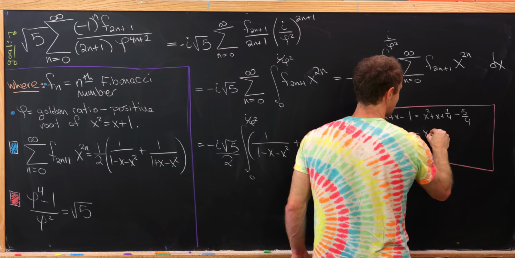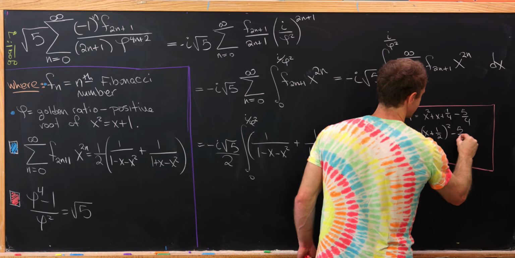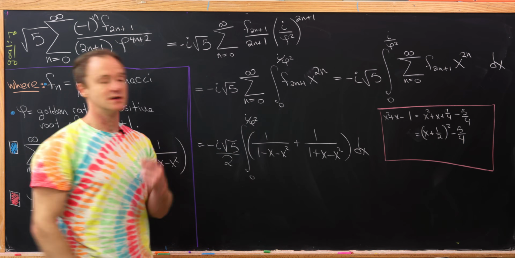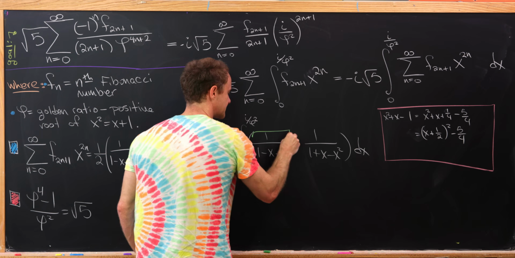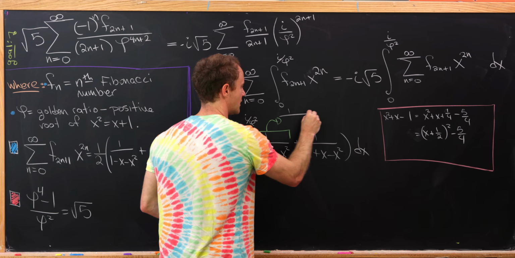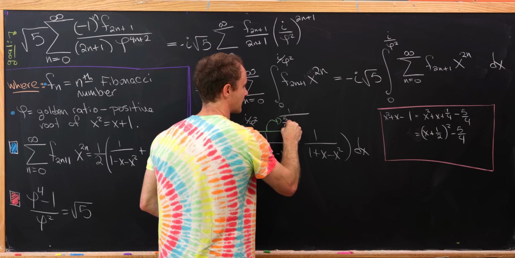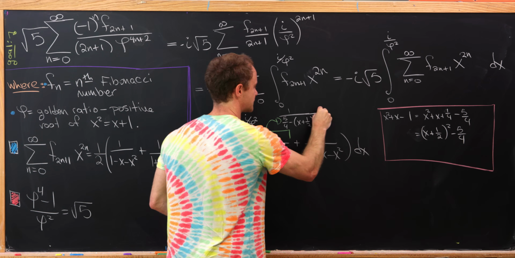Or in other words, x plus 1/2 quantity squared minus 5/4. So something like that. So that means that we can take this first term and replace it with 1 over 5/4 minus x plus 1/2 squared.